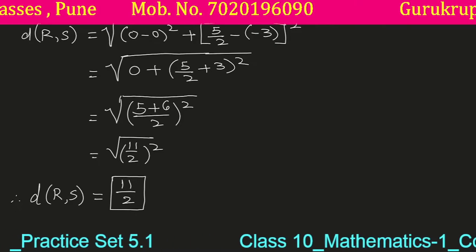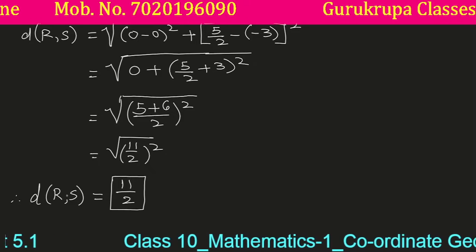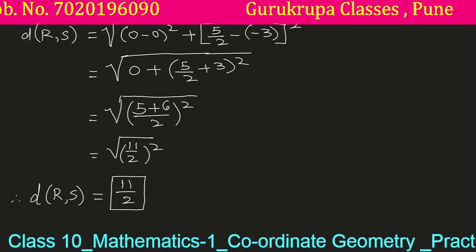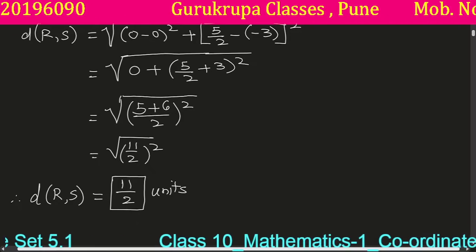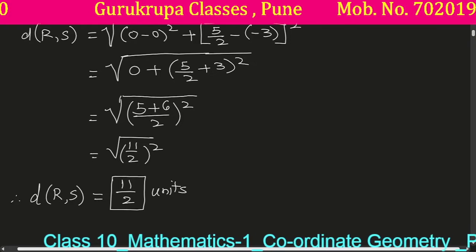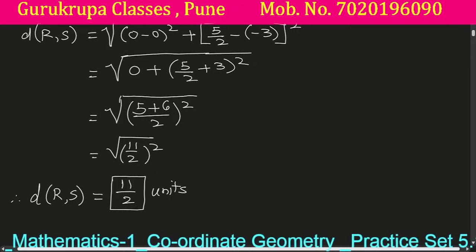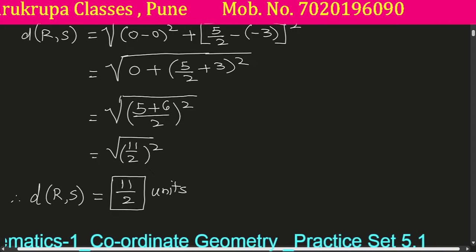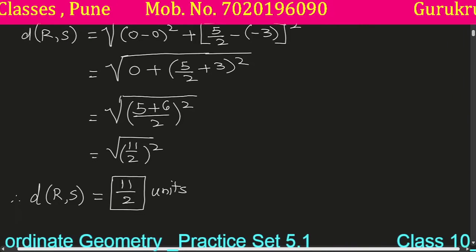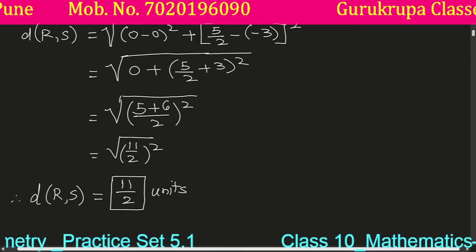So here we get the answer: the distance between points R and S is 11 upon 2. Distance RS is equal to 11 upon 2 units. As no units are given, centimeter, meter or millimeter, mention the units as the answer.